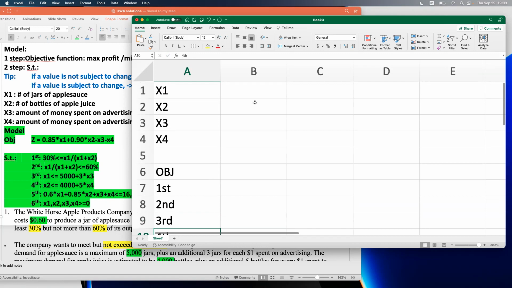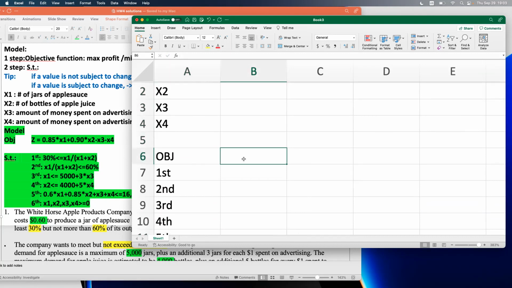So we use B1 through B4 to represent X1 through X4 in Excel. And for the objective function, we just put 0.85 times X1.